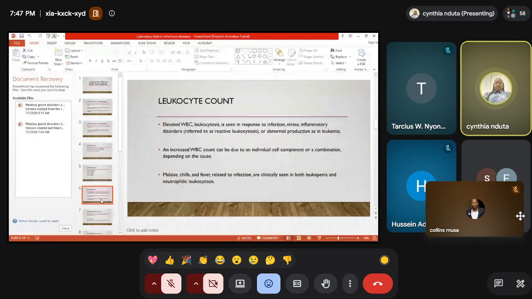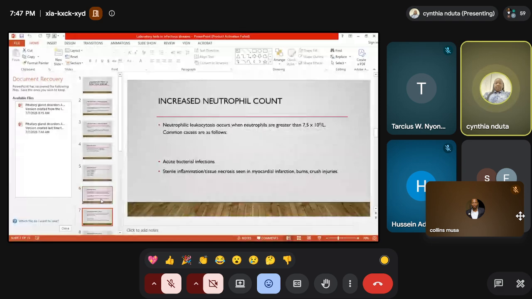So the clinical picture needs to go hand in hand with the laboratory picture. Again, we say we do not treat lab results. You should have a clinical picture that correlates with what you have on the lab. If your lab is not correlating, then you probably need to repeat the test properly.